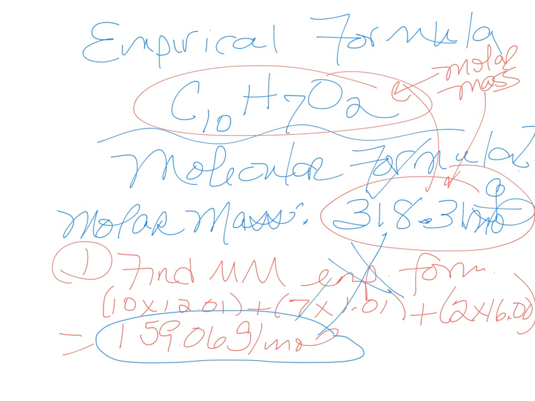So how do you find the molecular formula? The molecular formula will always be some whole number multiple of the empirical formula. So empirical formula times 1 or times 2 or times 3. So you need to find what that multiple is in this case. You find the multiple of the molecular formula to the empirical formula by taking a ratio of the molar masses.